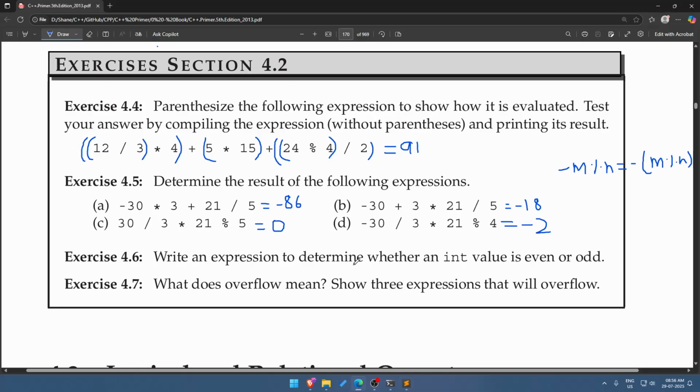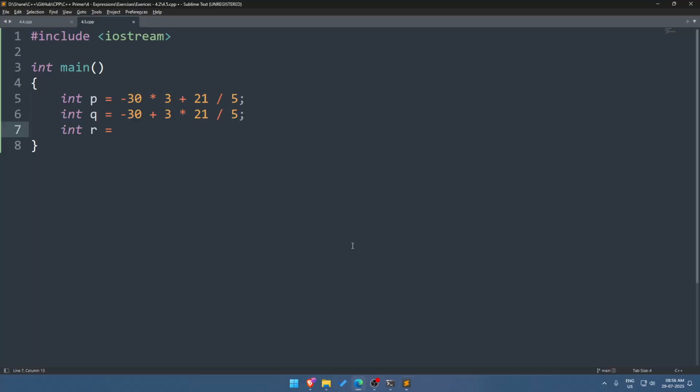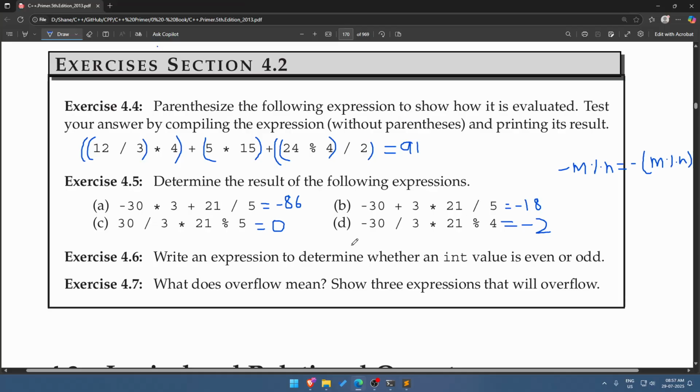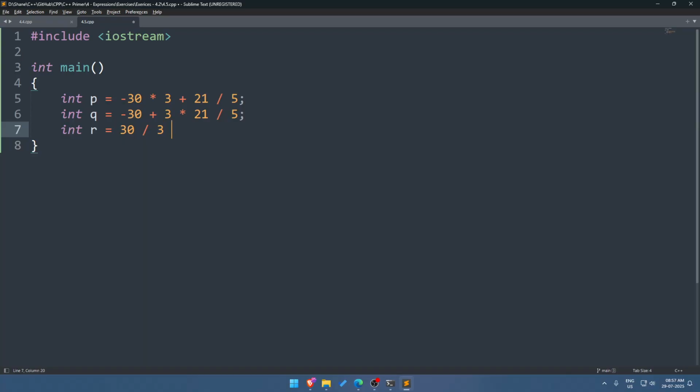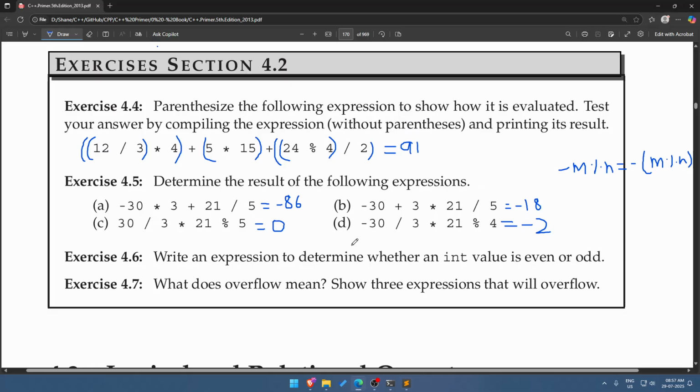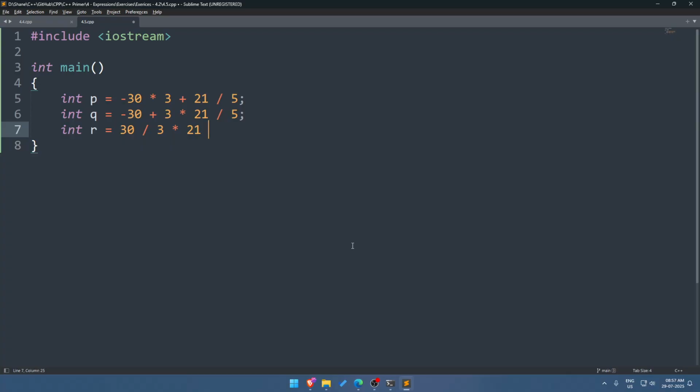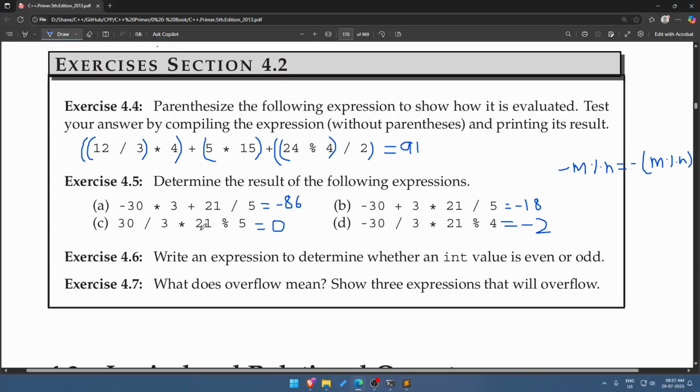30 divided by 3, times 21 mod 5. Okay, so 30 divided by 3 times 21 mod 5.